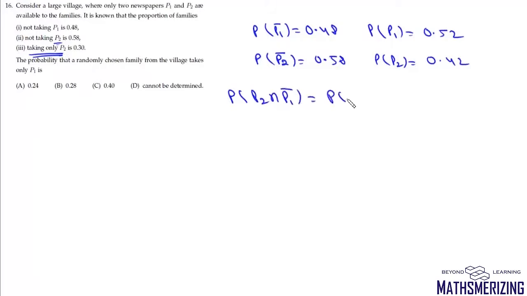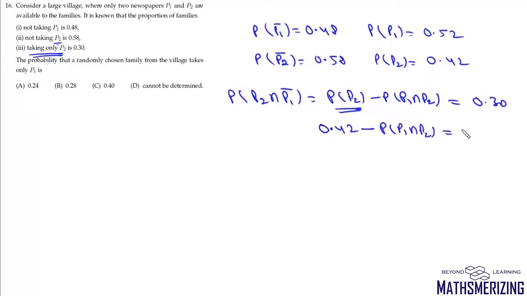So we know that it is given by P2 minus P1 intersection P2, and this value is simply 0.30. Now the probability of P2 is 0.42. So this is 0.42 minus the probability of P1 intersection P2, and this is 0.30. So from here we can write P1 intersection P2 will be simply 0.12.